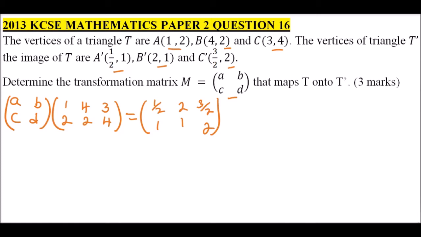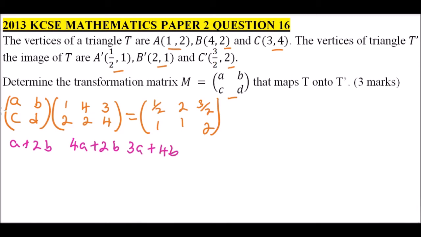So from there, we multiply: A times 1 is A, and B times 2 is 2B, so that will give us A plus 2B. The other one will give us 4A plus 2B, and the other one will give us 3A plus 4B.